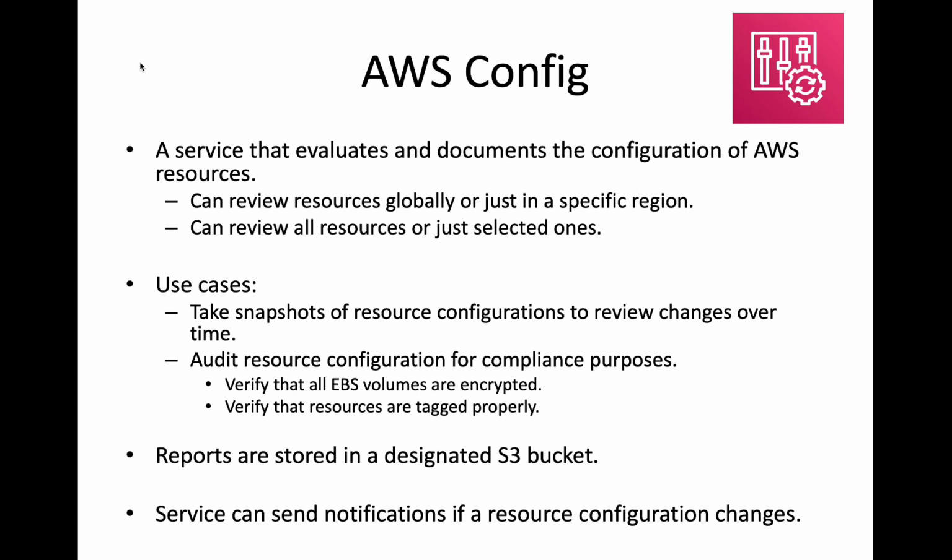AWS Config is a managed service provided by AWS which will evaluate and document the configuration of AWS resources in the account. This is somewhat similar to the CloudTrail service. CloudTrail maintains a log of all the API requests that are made.